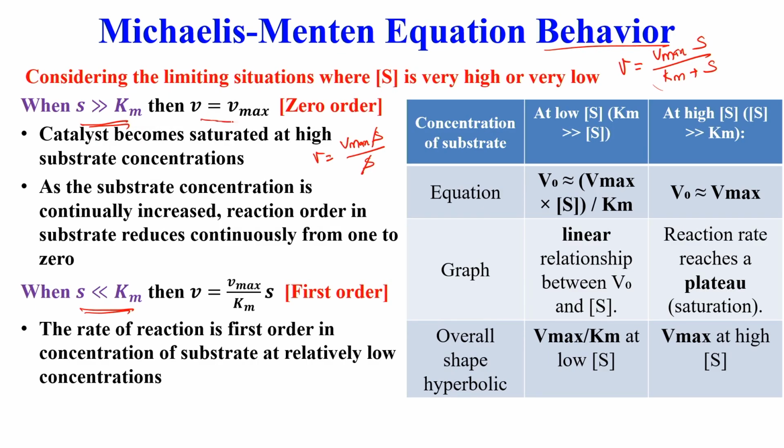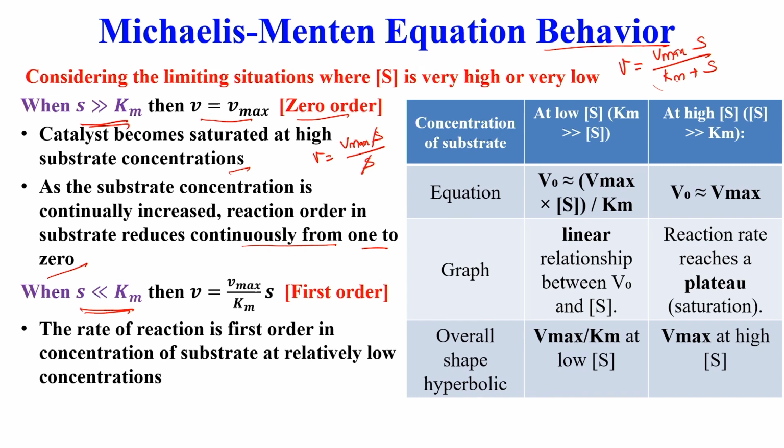So, V is equal to V max, and this is a 0 order reaction. The catalyst becomes saturated at high substrate concentration, and as the substrate concentration is continuously increased, the reaction order for substrate reduces continuously from first order to 0 order. So, when S is much higher than Km, the Michaelis Menten kinetics is 0 order.